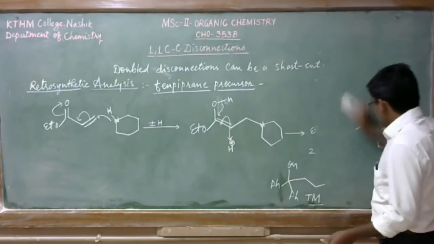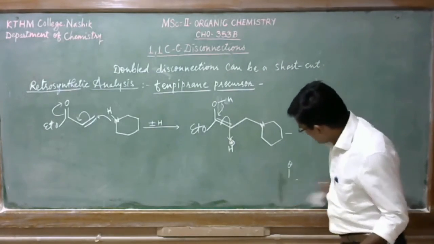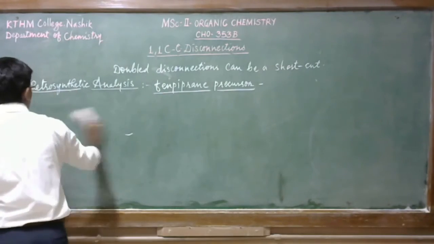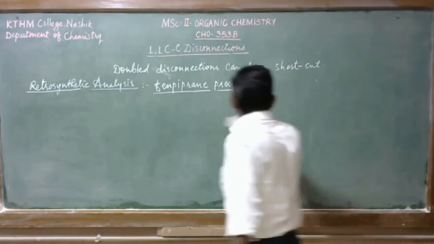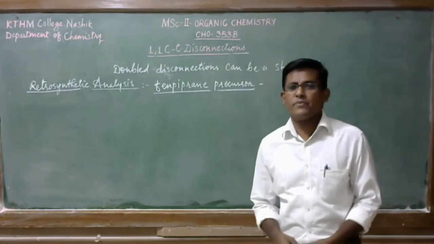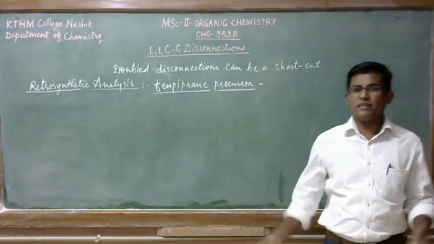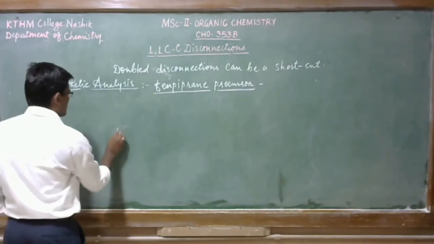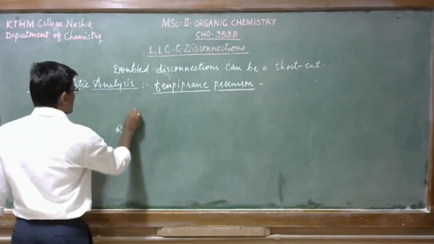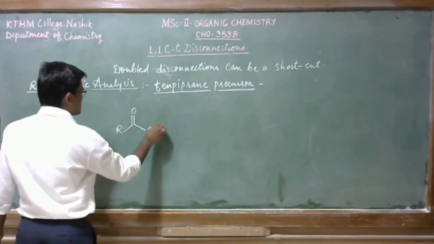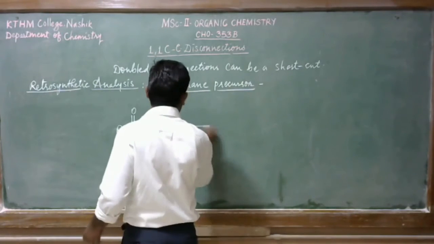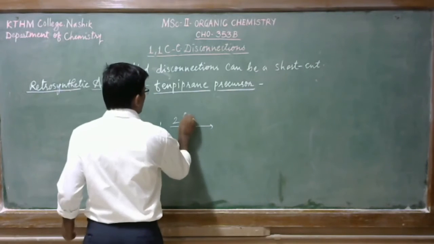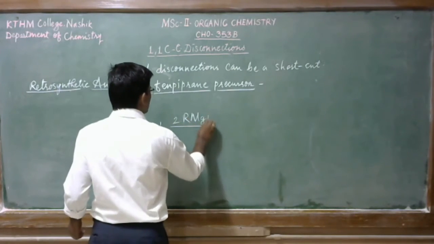In the synthesis of this tertiary alcohol, which involves an ester, 2 moles of Grignard reagent are added to the ester.